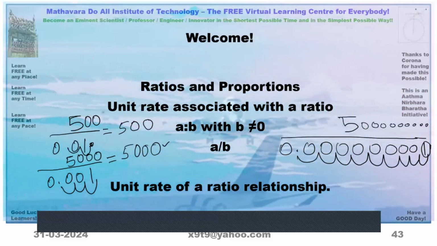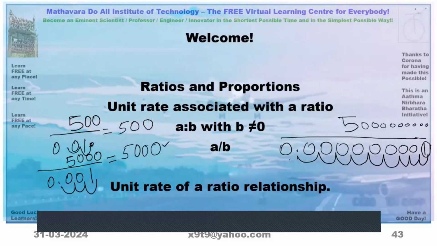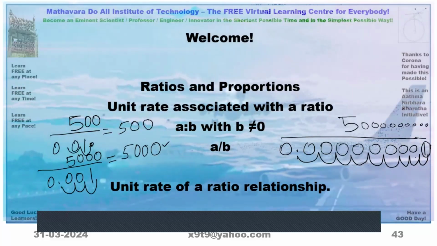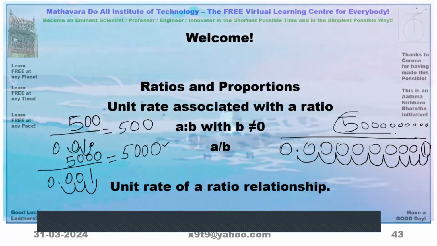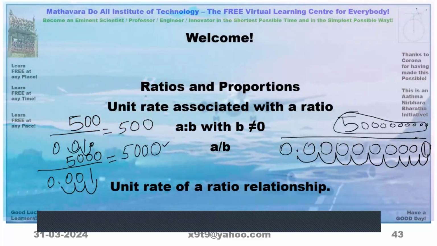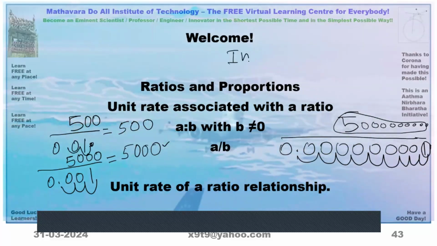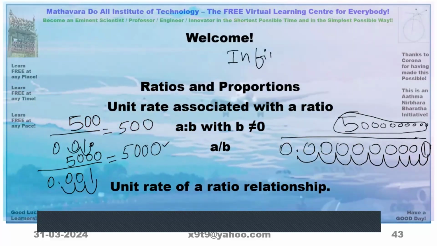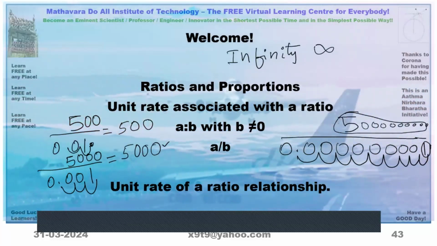Exactly 0 we cannot put. But we can have any number of zeros, and at the end you can put 1. Then the numerator becomes a very big number. Because it is too large, we call it infinity, and we use this symbol.